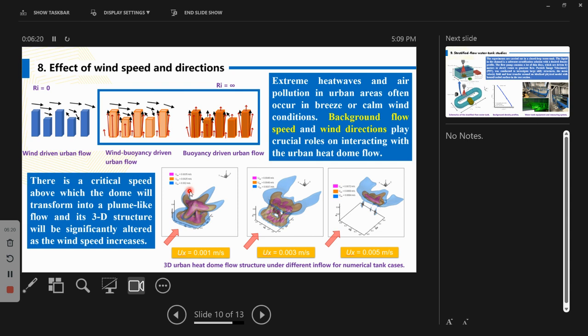All of the cases before were studied under conditions with no wind, but we all know the background flow speed and wind direction play crucial roles in interacting with the urban heat dome flow. When there is a certain wind speed, the urban heat dome flow transforms into a plume-like flow, and its structure is significantly altered as the wind speed increases.